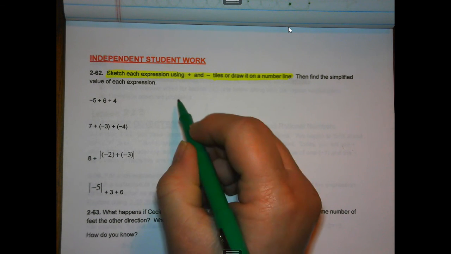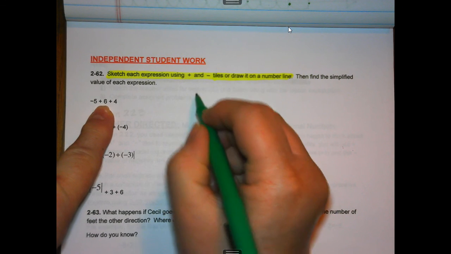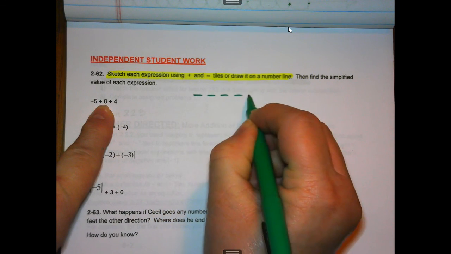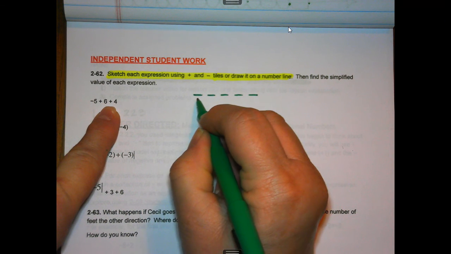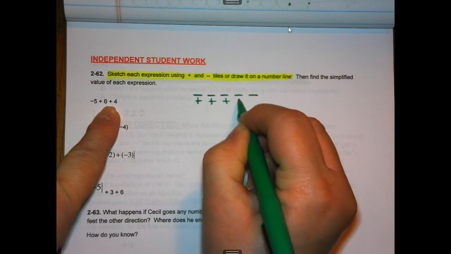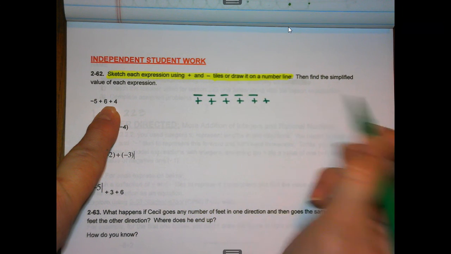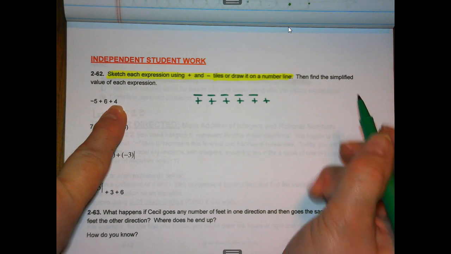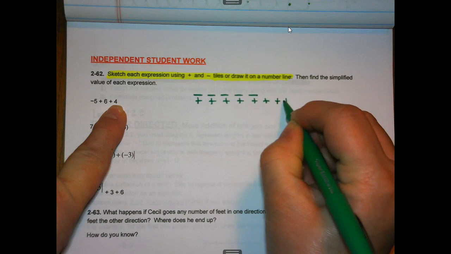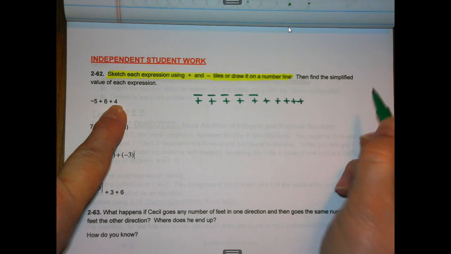All right, so we are going to start with this problem. We draw 5 negatives and we draw 6 positives. So 1, 2, 3, 4, 5, 6, and 4 more positives. So we have 1, 2, 3, 4 more.